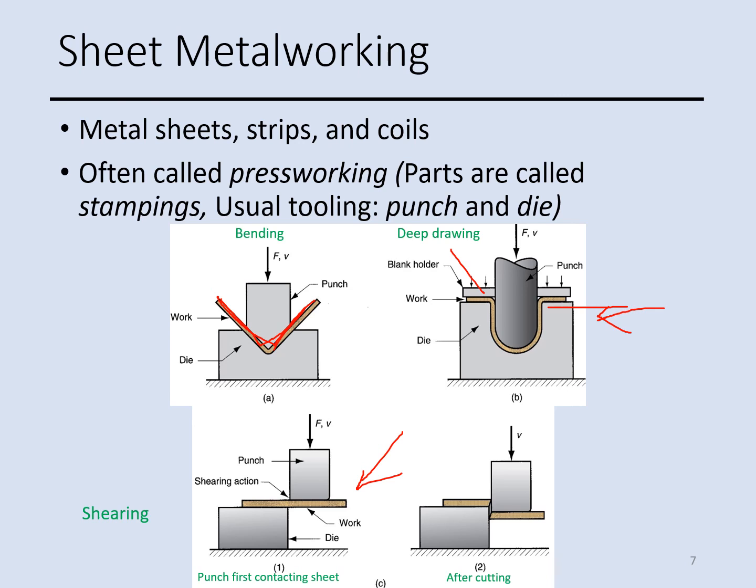When we apply this punch downward this way, that cup will take the shape of this punch. The next operation is shearing, where we use the punch and die to create a cut on the workpiece.